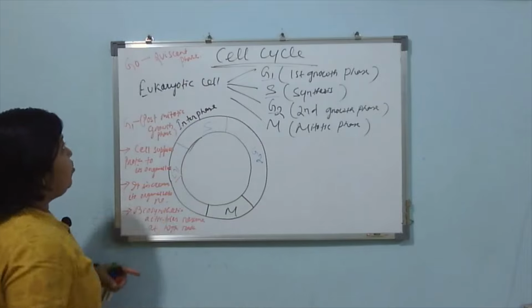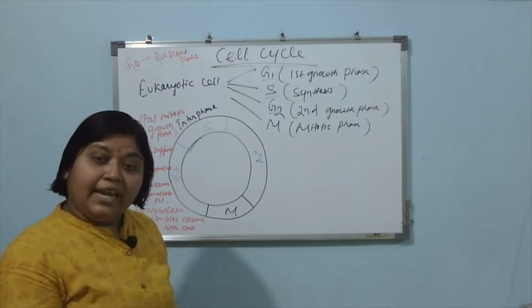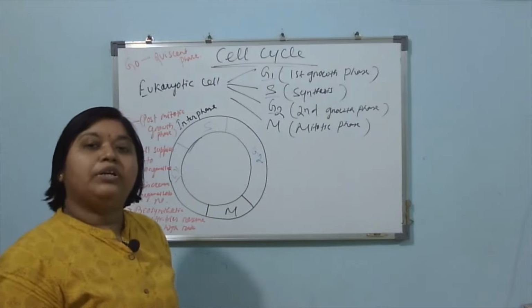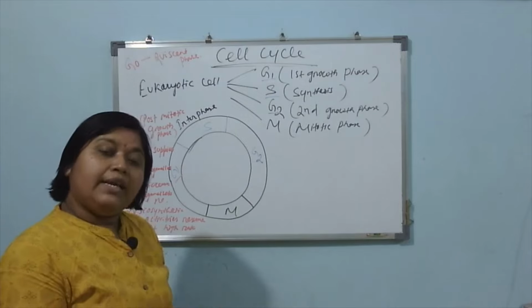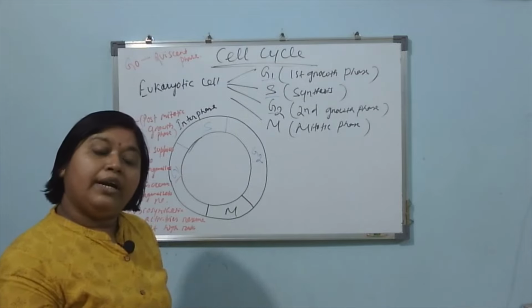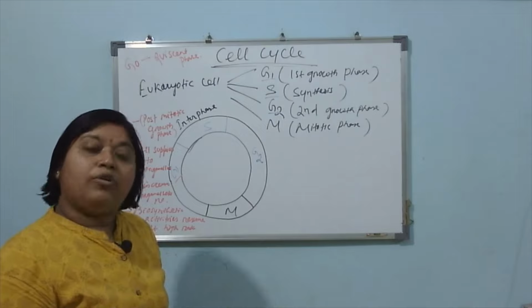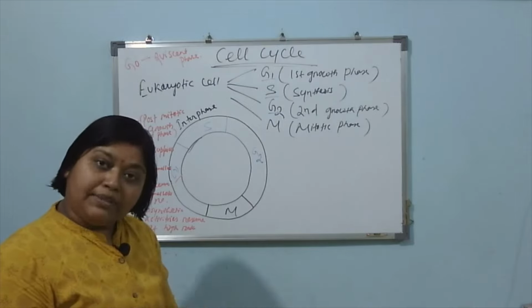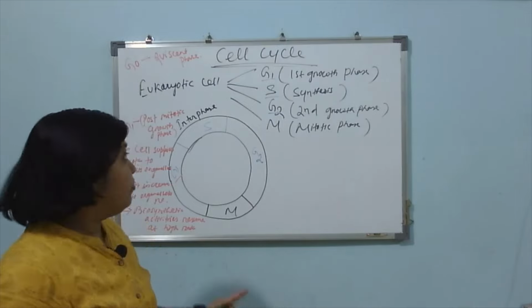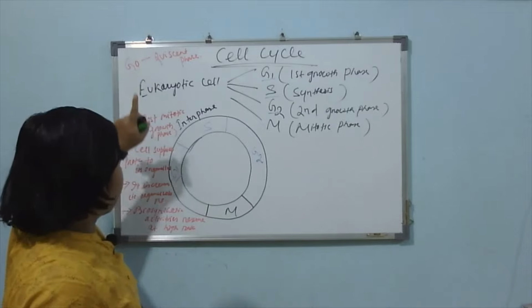The cell goes into the G0 phase when it is not getting proper nutrition, or when extracellular nutrients or extracellular growth factors are absent.